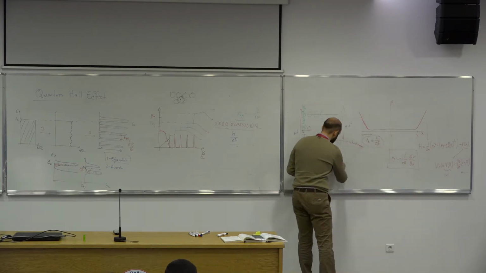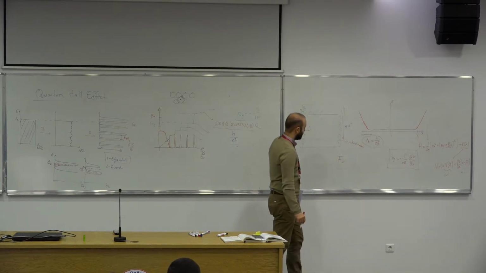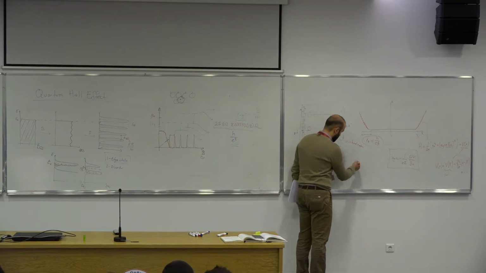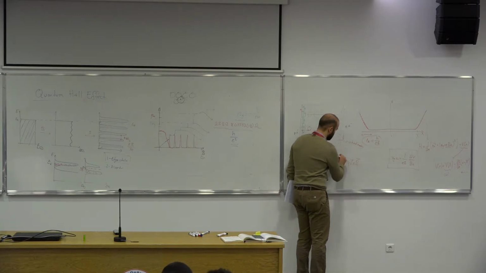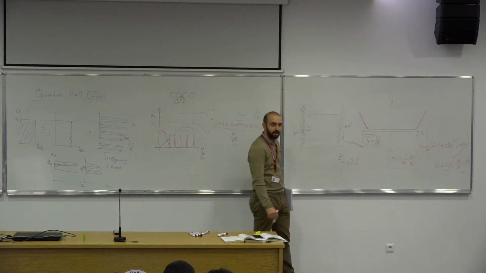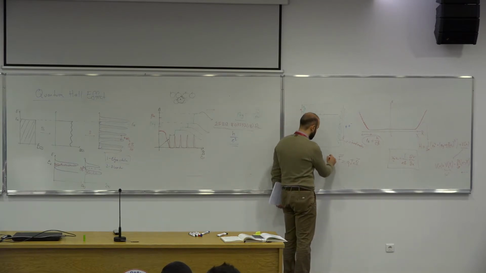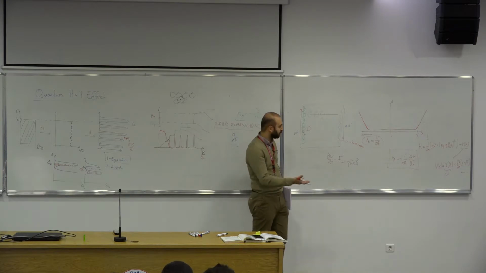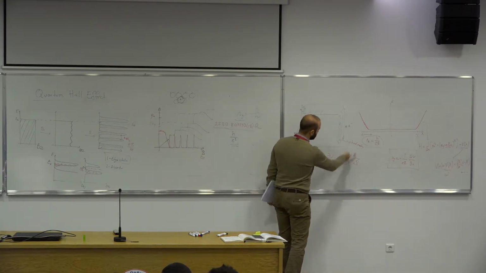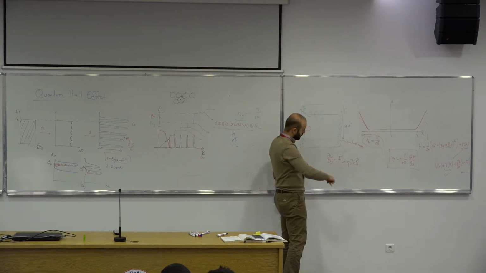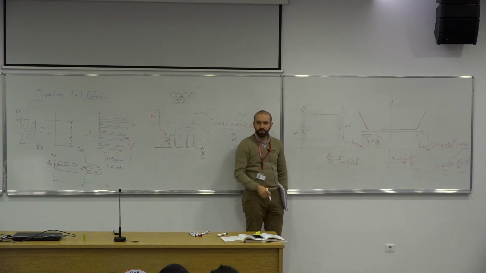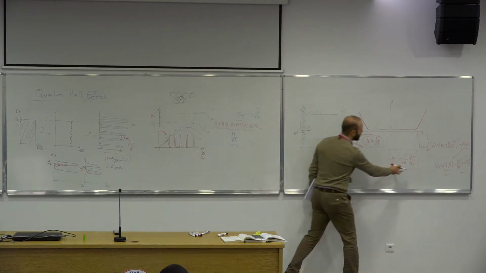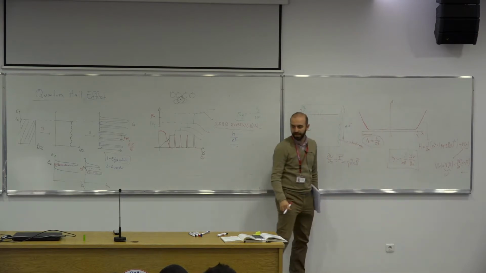So force on a charged particle moving under a magnetic field is given by this, and force is that. So I already know the direction of my magnetic field and the velocity of my electrons. So basically this term will give me the velocity of my electrons.